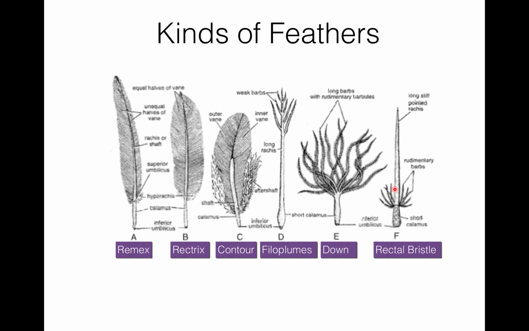They have a few rudimentary barbs at the base, and they are seen around the base of the bill of flycatchers, goatsuckers, and whippoorwills. There are also some other types of feathers, like tactile feathers. They occur at the root of beaks or around the eyes, and they are best developed in nocturnal birds.